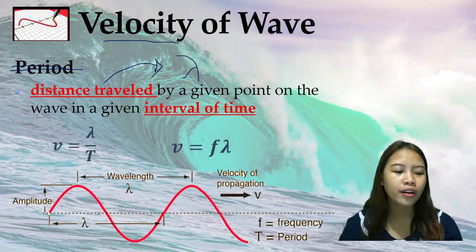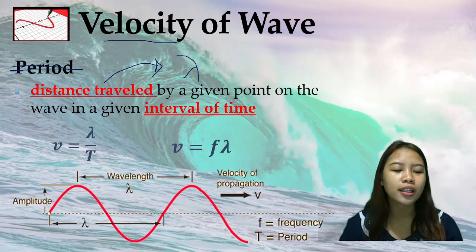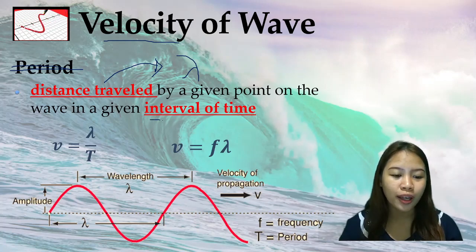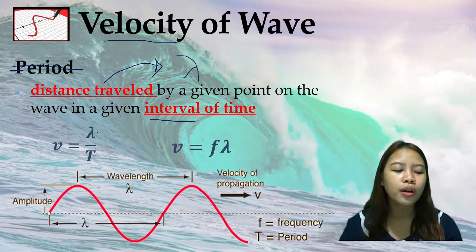And then, we have here the interval of time. So, this is the period. Meaning, how far the wave travels when it completes the whole cycle. So, this is our interval of time or the period. And this is our equation. We have V is equal to lambda over the period.